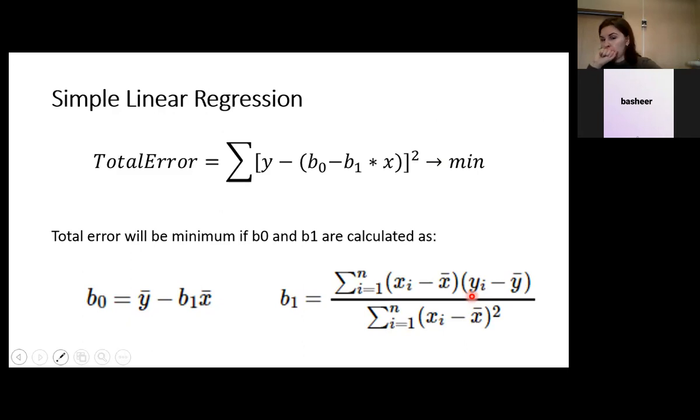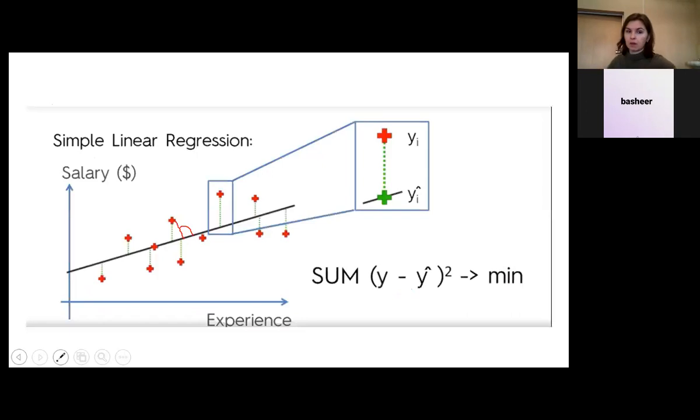Yes, it's a simple regression. Here we have the mean of x and the mean of y.